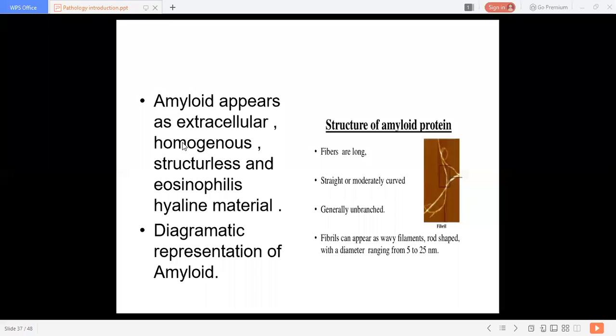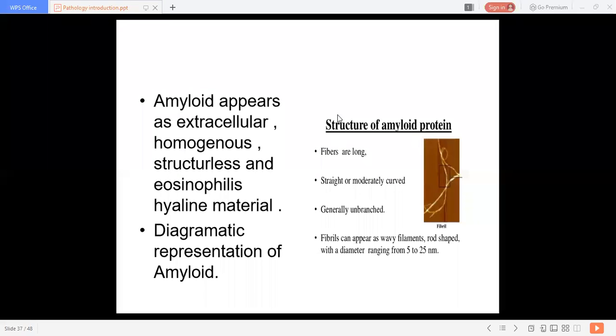The second characteristic is that it is a homogeneous, structureless and eosinophilic hyaline material. So these are the characteristics of amyloid protein: it is extracellularly deposited, homogeneous, structureless, and eosinophilic hyaline material.